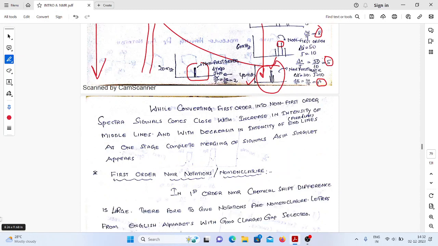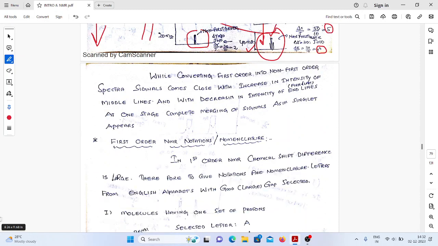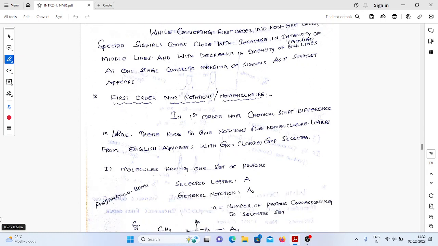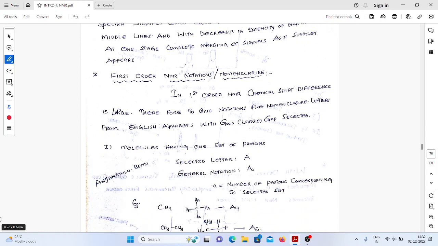Okay, so let's see some of the notations which we need to use in case of the first order and the non first order NMR spectra. Okay, first order NMR notation. Suppose the first condition, if the molecule contains only one set of protons, already we know how to identify chemically equivalent and non-equivalent sets of protons.